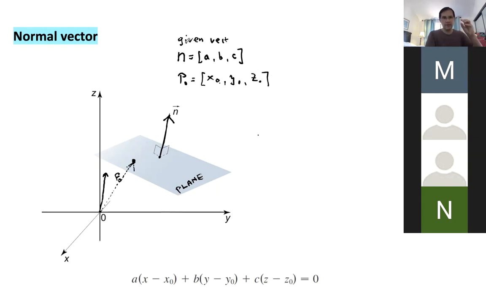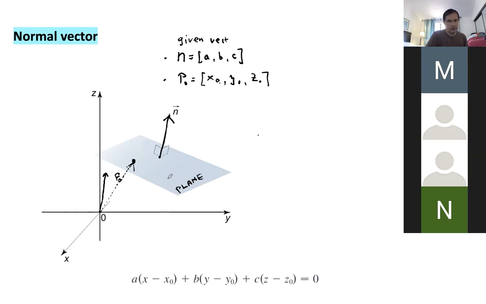So what's given is a vector n and a point. And now I want to find the equation of a plane that goes through this point and also has normal vector n, this given normal vector n. So in other words, let's take completely any point on that plane, maybe this one.